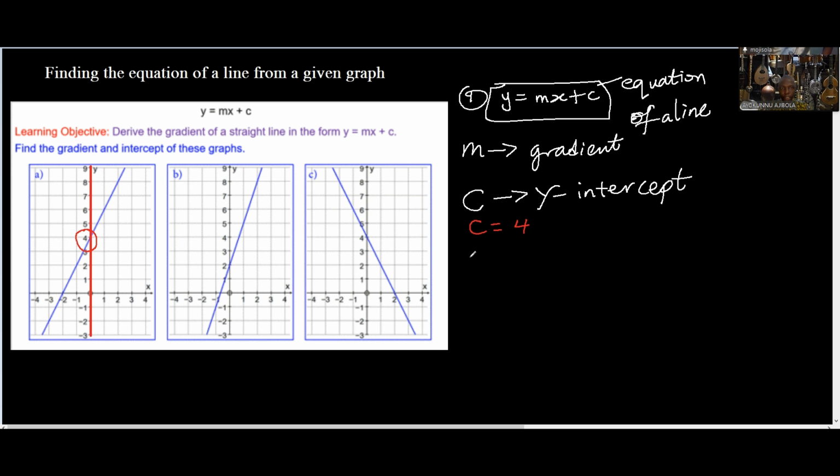How can we get the gradient? Gradient is when you pick two values on the line, for your x and for your y. Gradient m equals y2 minus y1 over x2 minus x1. So let us pick a value on this line.